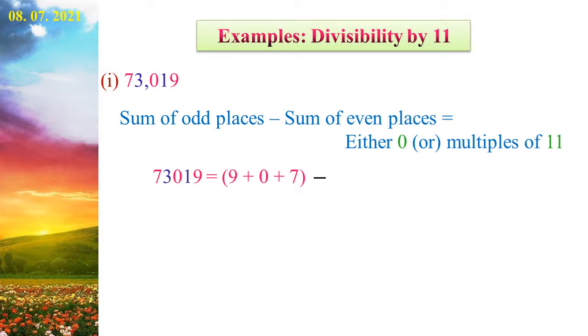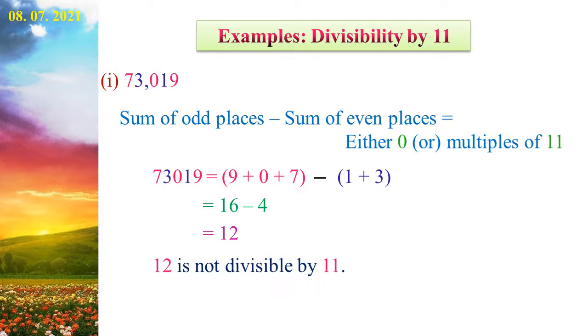Sum of even places means 1 plus 3. So, 9 plus 7 is 16, minus 1 plus 3, which is 4. 16 minus 4 equals 12. 12 is not divisible by 11. Hence, 73,019 is not divisible by 11.